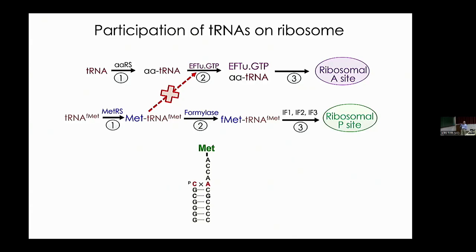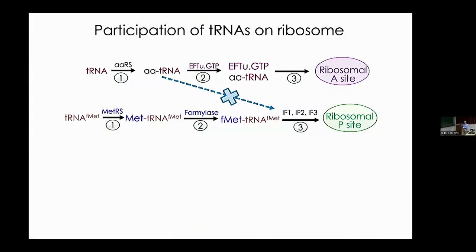And as I mentioned to you earlier, that this mismatch is really quite important for avoiding this step, but when you have accumulated quite a bit of this methionine charged species, which is not formylated, can actually go to the A site as well. So this can indeed go to that step as well.